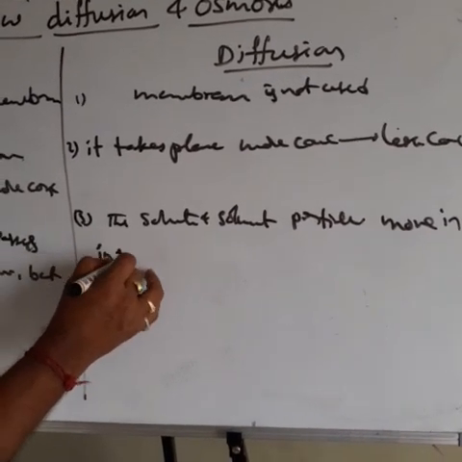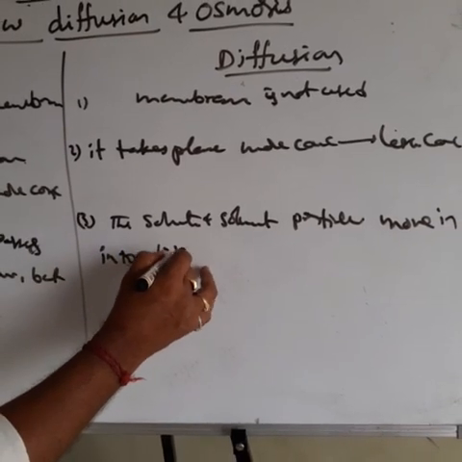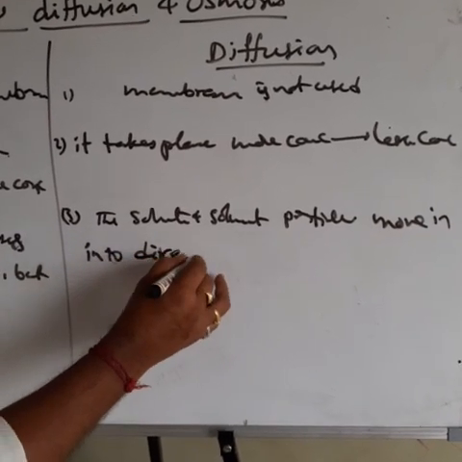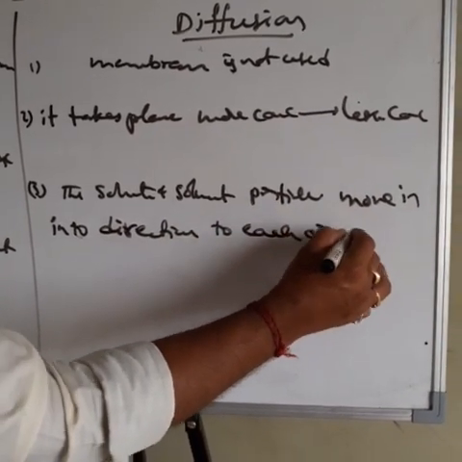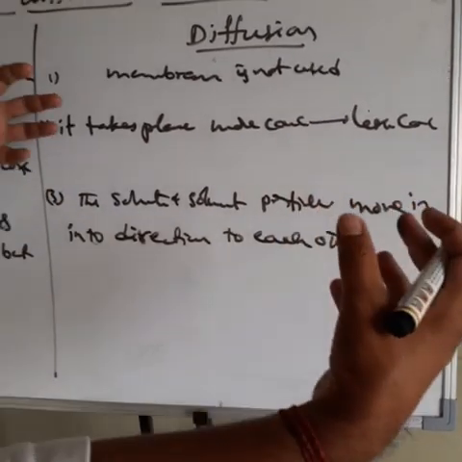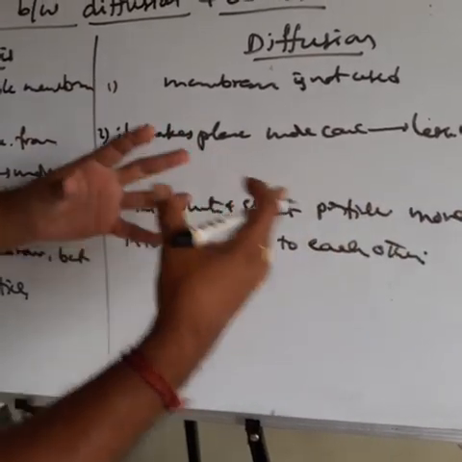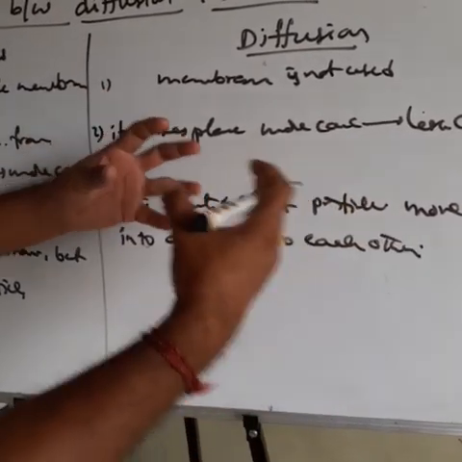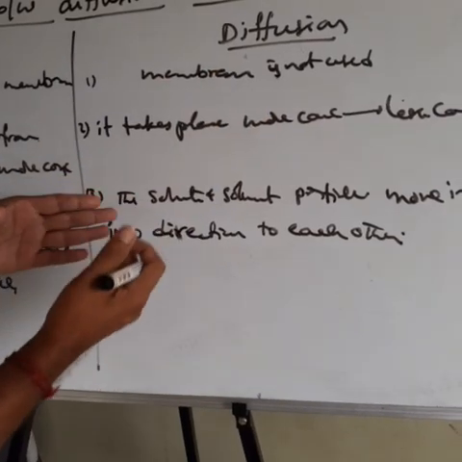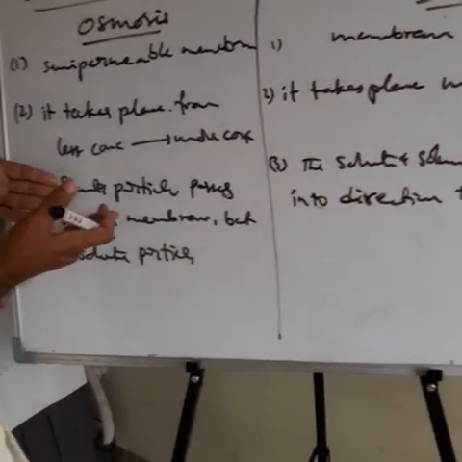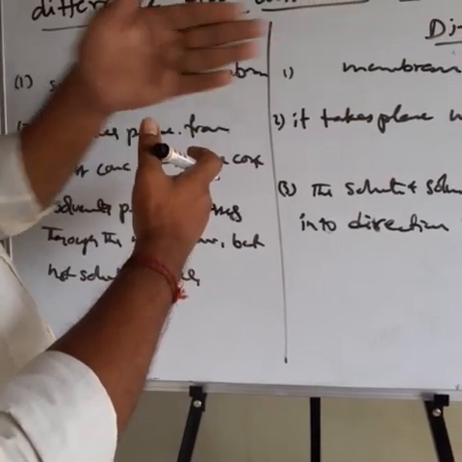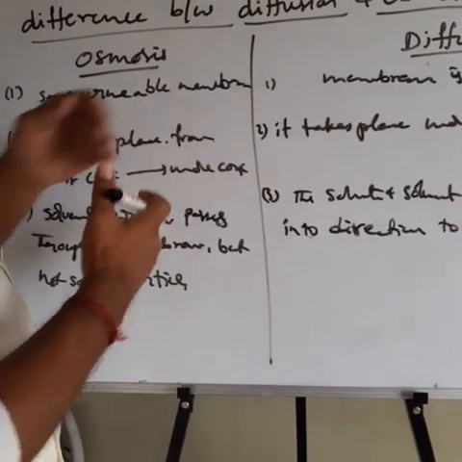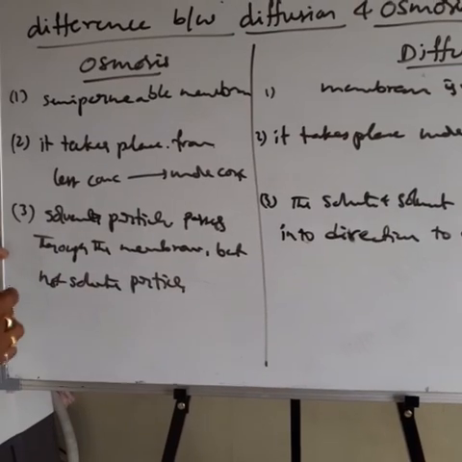It means both solute and solvent molecules are intermixing with each other. Both move directly with each other. That is diffusion. But with the semi-permeable membrane, only solvent particles pass through it, and solutes are unable to pass through this membrane. So that is about the third point.